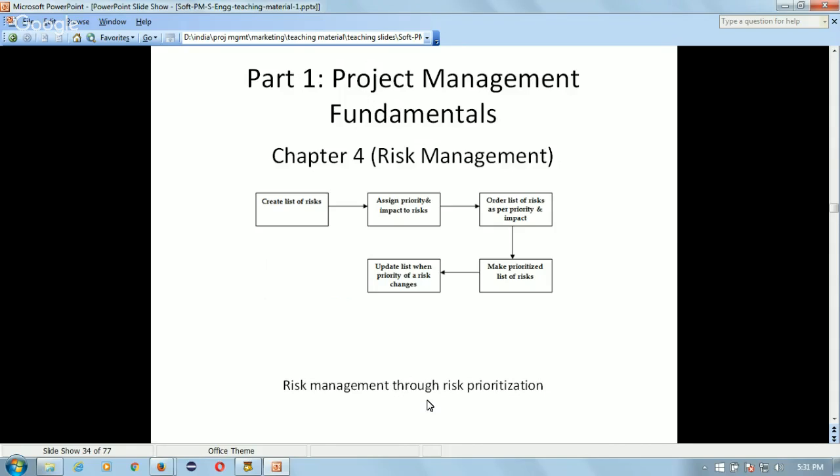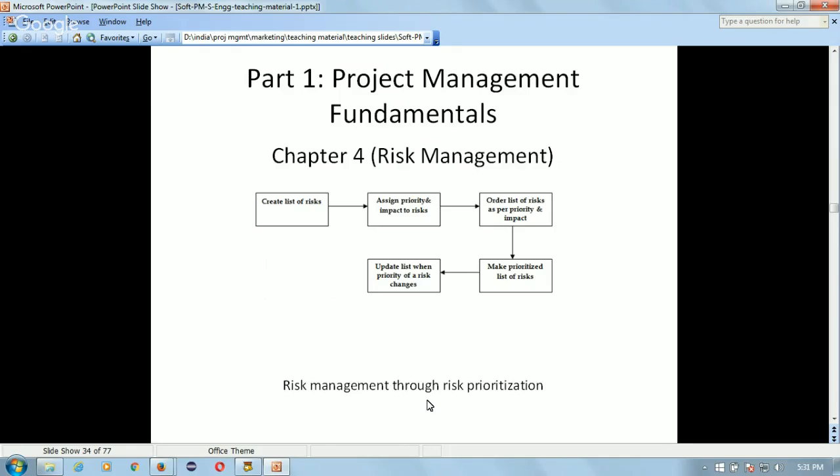So once you assign the priority and the kind of impact which can happen on the project, you order all the risks in this list. So the top priority and high impact risk will be on the top, so that the project manager will be able to provide solutions for this risk earlier, and with more rigor than a risk which is at the bottom in this list.